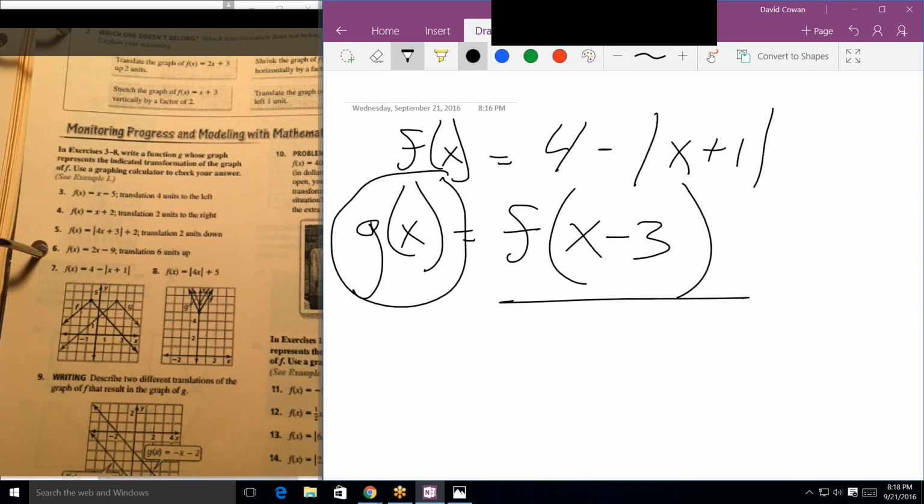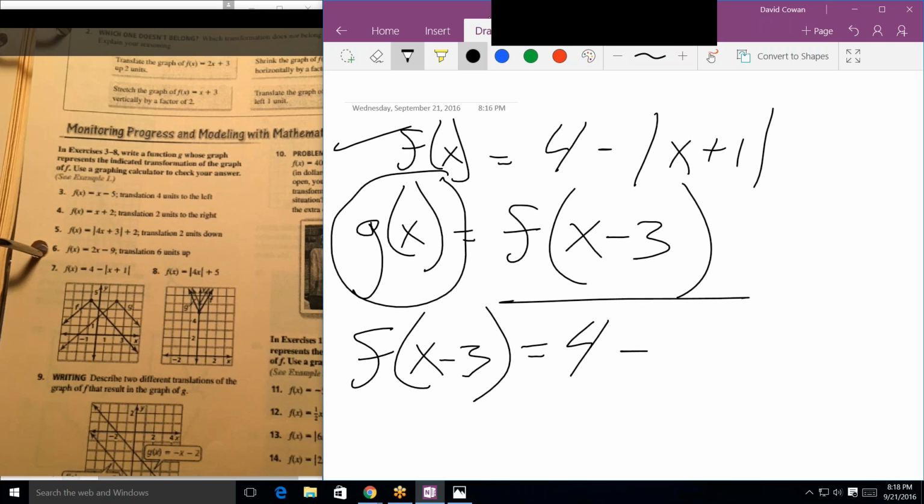And now, what is f of x minus 3? I'm not sure what they want for an answer here, but how would I figure it out? In other words, f of x is up there. Simplify it. So what is f of x minus 3 equal to? 4 minus the absolute value of x plus 1?